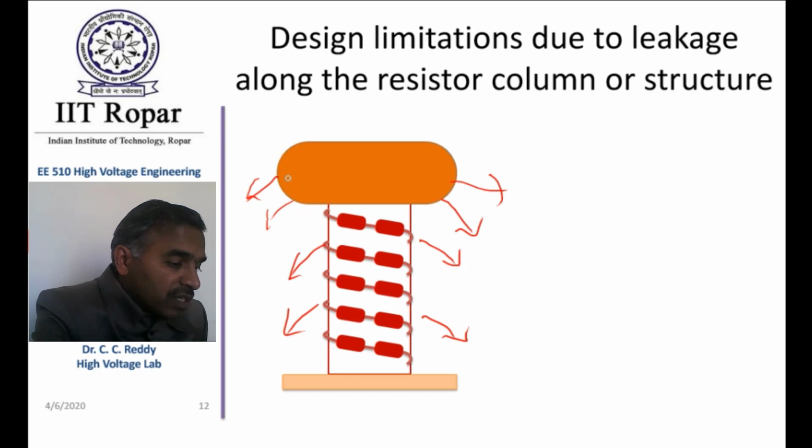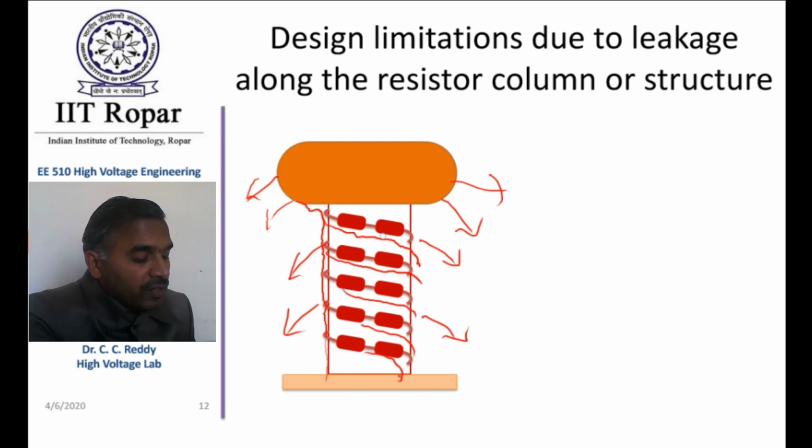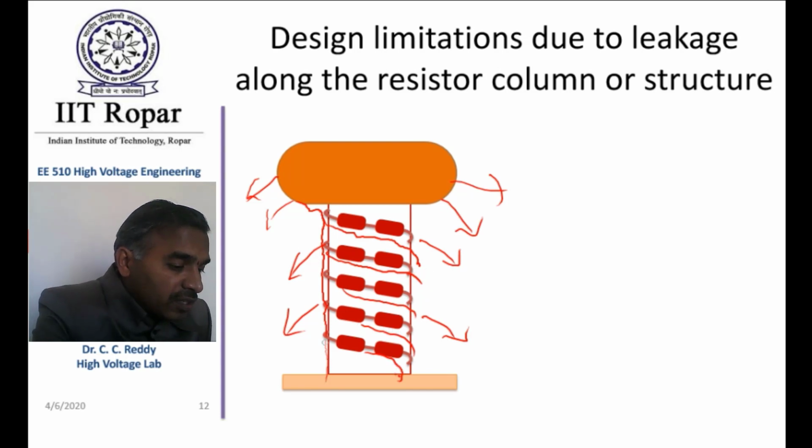This is one sort of leakage. Another is surface leakage, like this, and then even along the resistors, leakage along the surface, and the currents will leak from high voltage to ground, right?